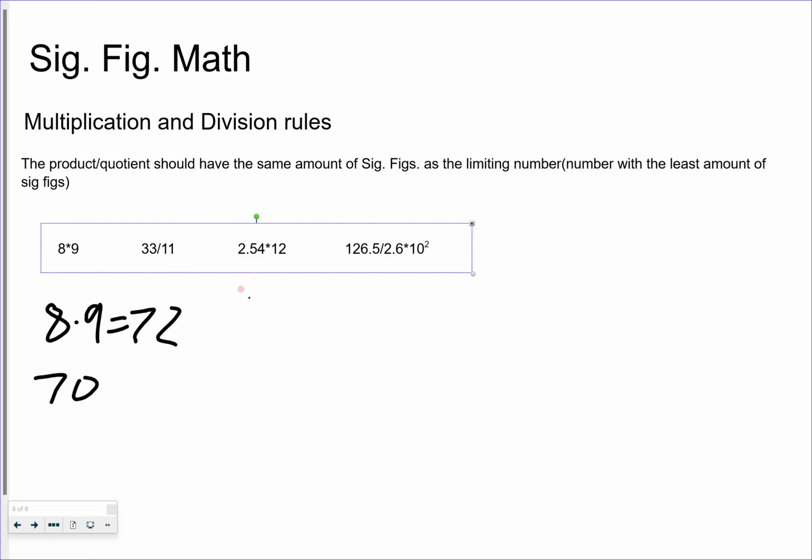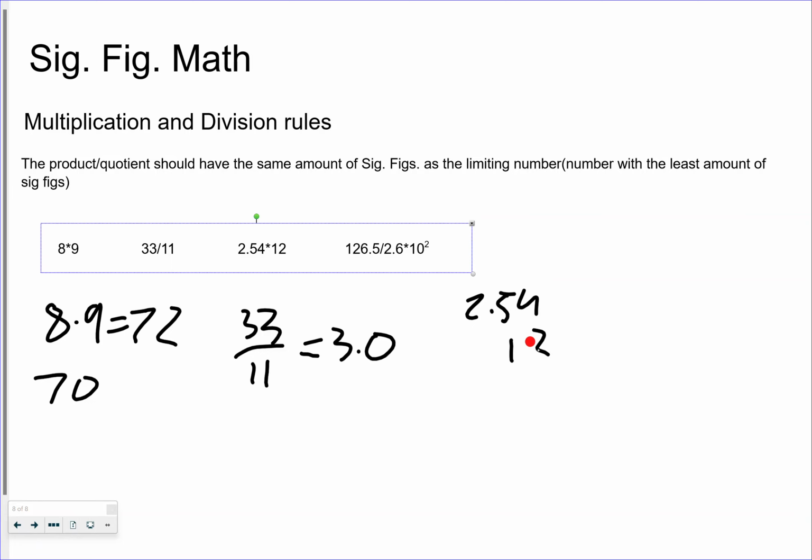Our next problem, we have 33 divided by 11. So we get 3, but we have to account for sig figs again. Both these numbers have 2 sig figs, so our answer would be 3.0. Next, we have 2.54 times 12.